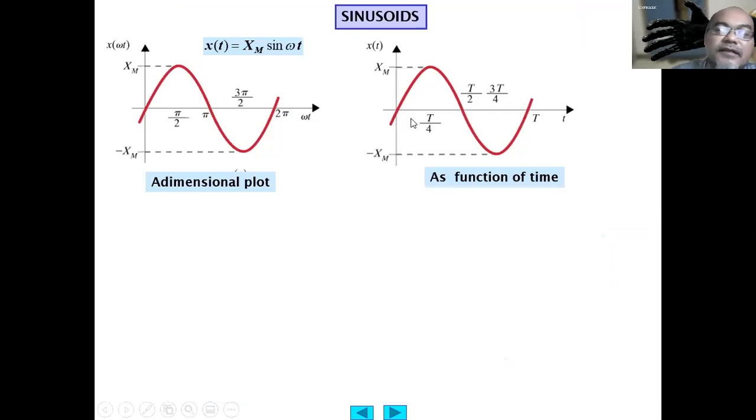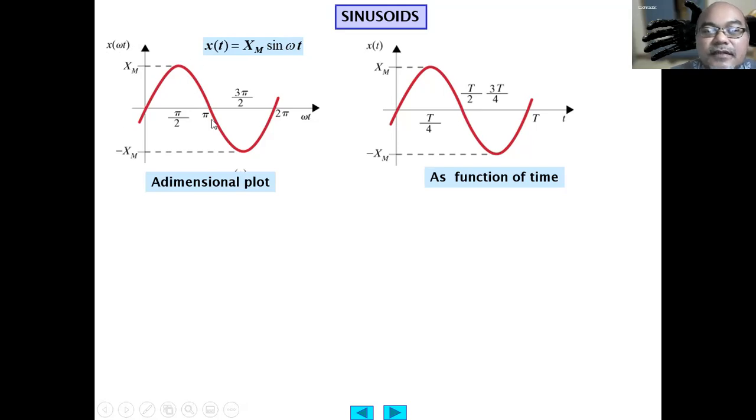So the AC signal, or AC voltages or currents, is represented here as an electrical parameter x(t). x is a function of t, or a function of omega t. Usually it is represented as a sinusoidal function.